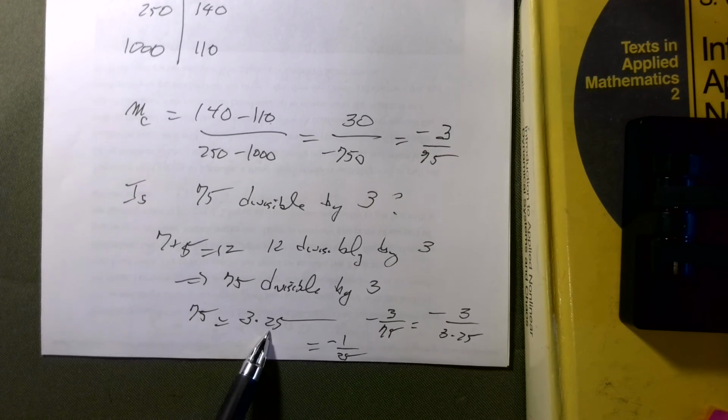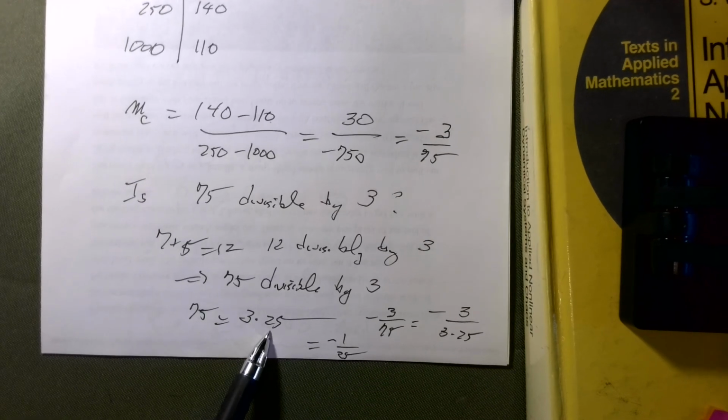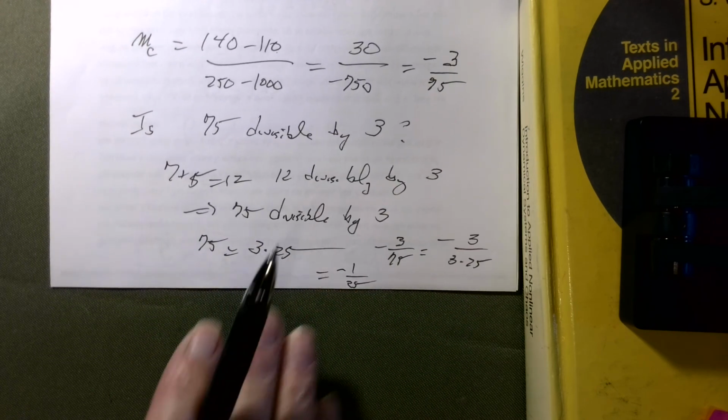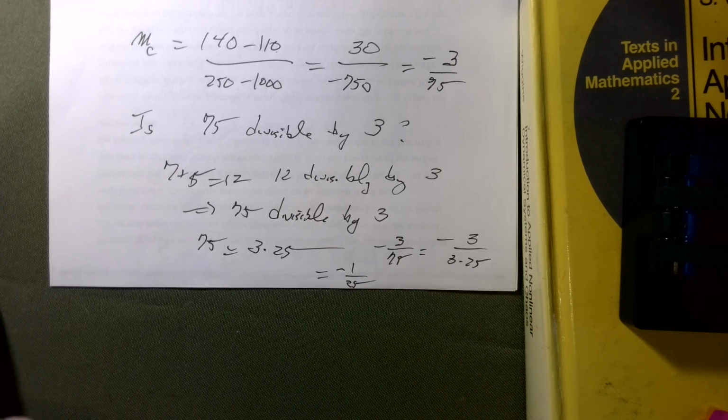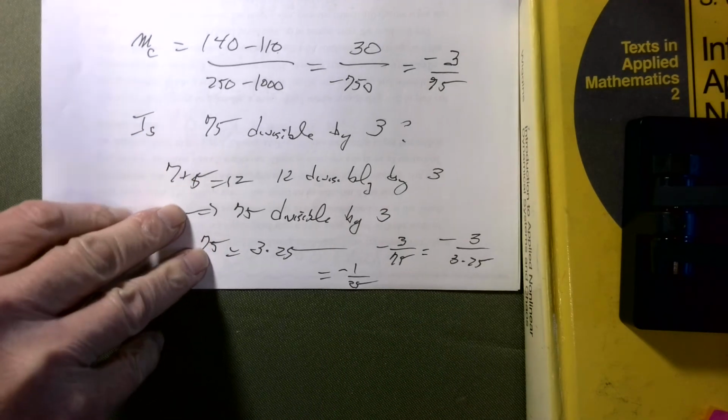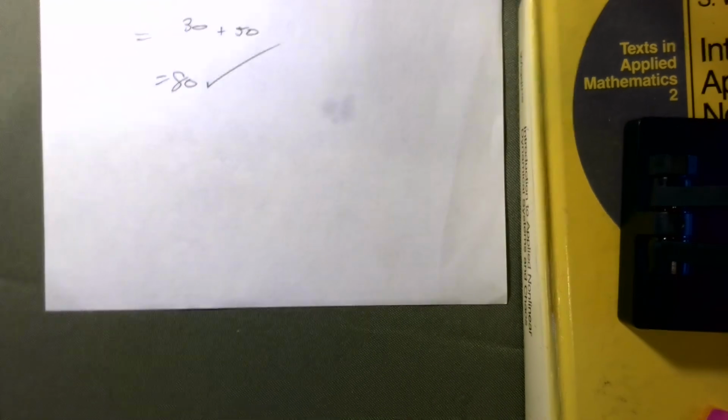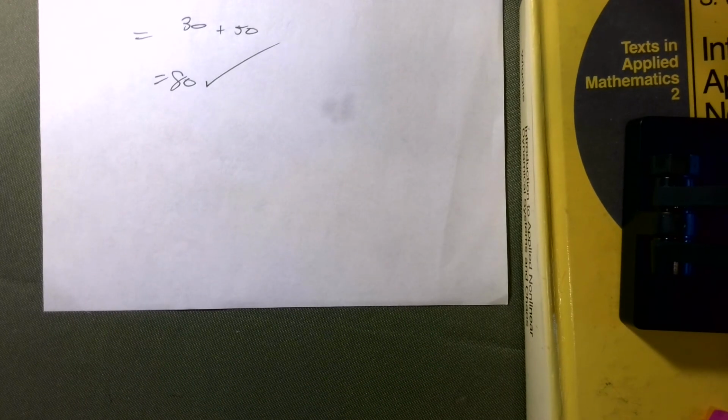So the 3 is going to cancel with the 3, and I'm left with just minus 1 over 25.